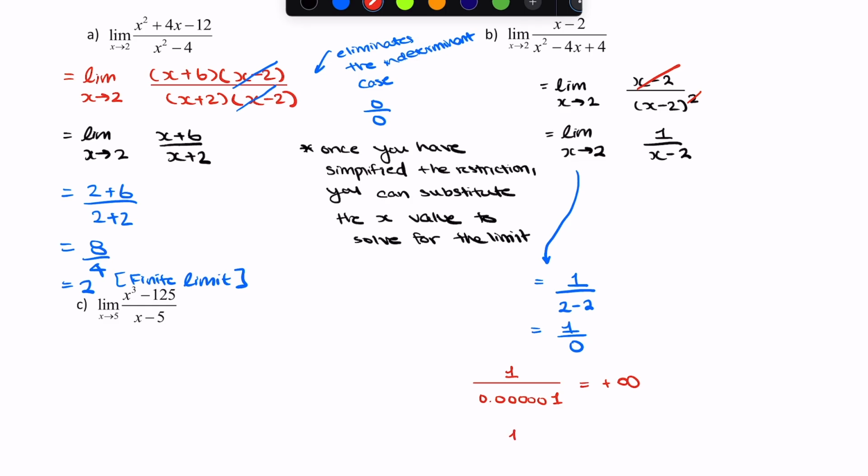If we write a number that's also really small but is negative, negative 0.0000001, that would go to negative infinity.